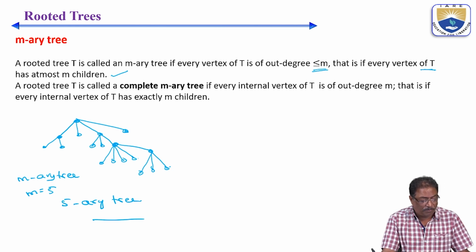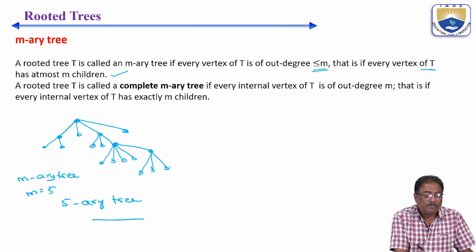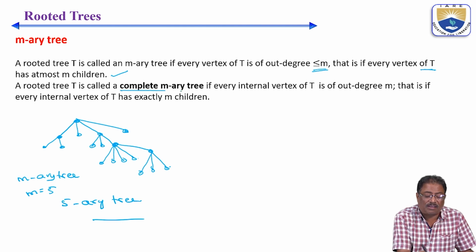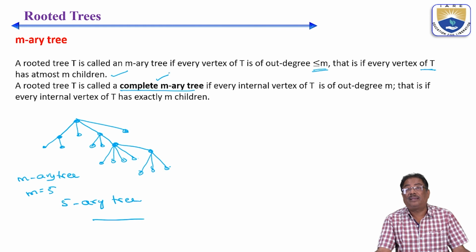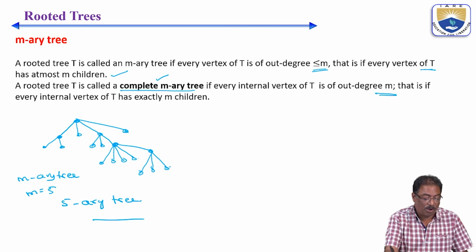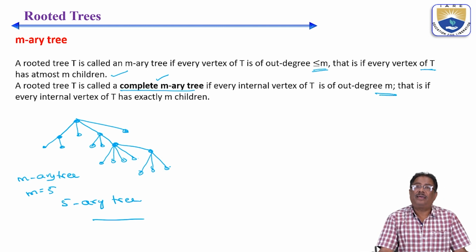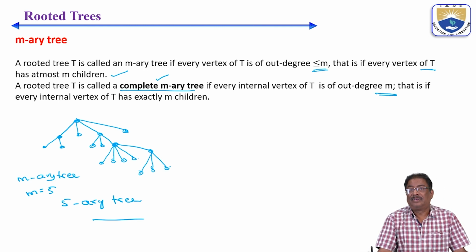And suppose I am going to consider another one: a rooted tree T is called a complete M-array tree if every internal vertex of T has out degree M. Then we can say that tree is a complete M-array tree.